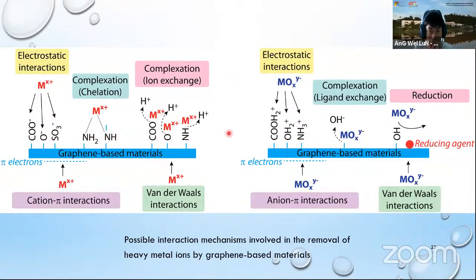Under different conditions, they'll be present in a different charge. So by manipulating the different functional groups, you'll be able to produce graphene-based adsorbents for the removal of different types of pollutants.